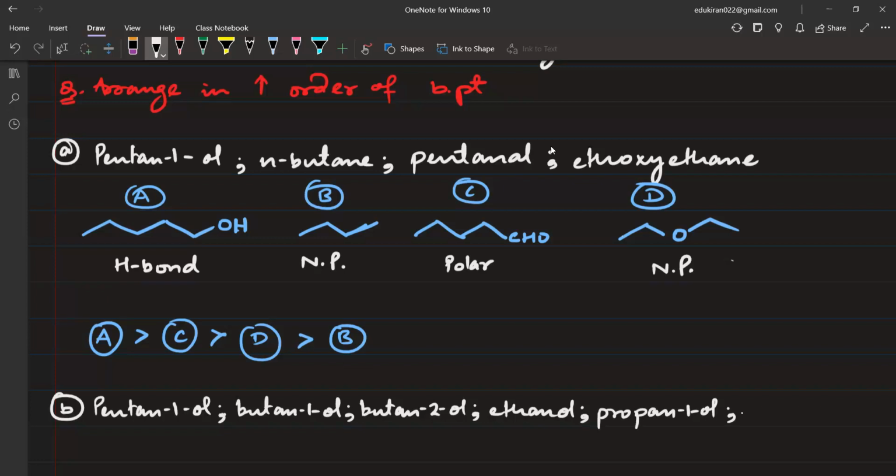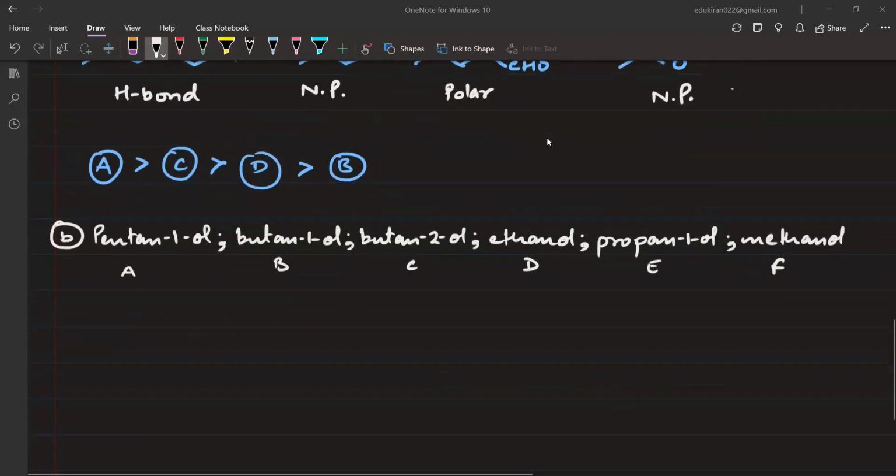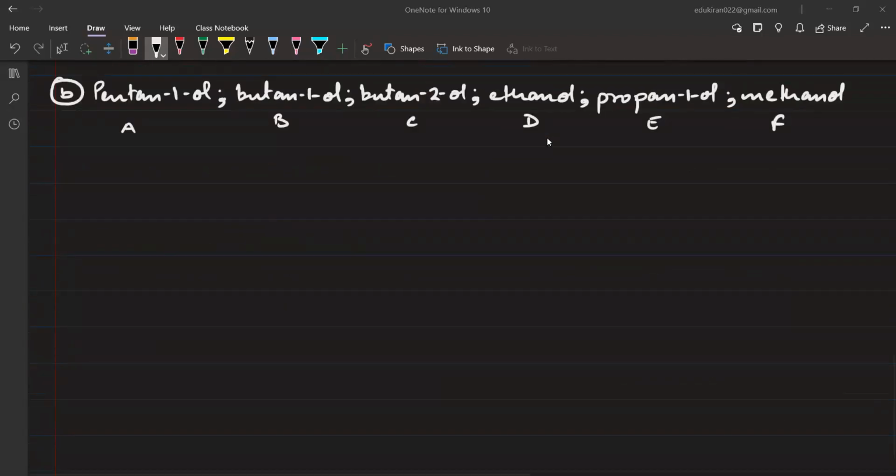Then you have methanol. And I'm just writing this as A, B, C, D, E, and F. Make structure, otherwise you will not understand. Make structure.